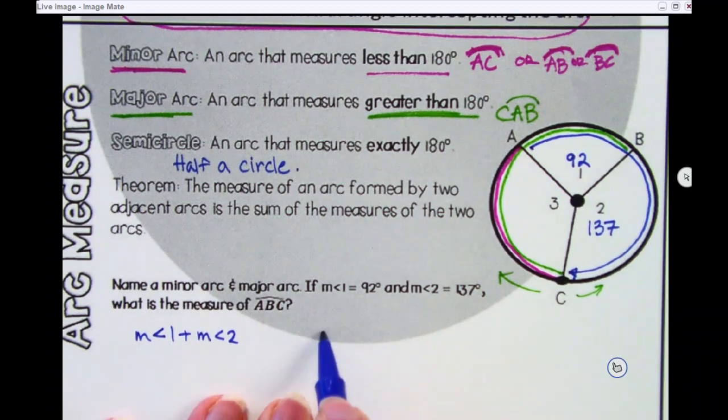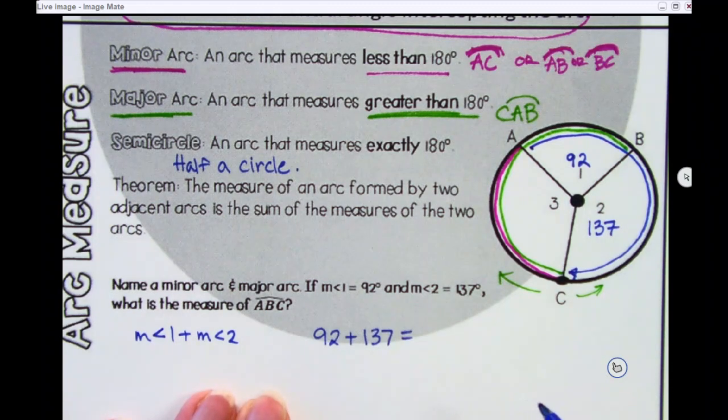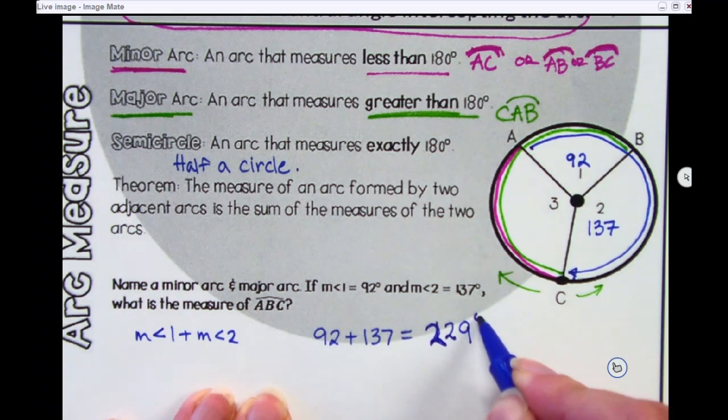So we would say 92 plus 137 is 229 degrees.